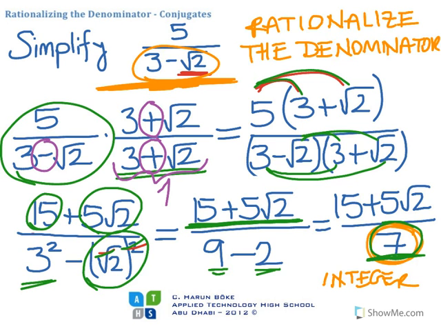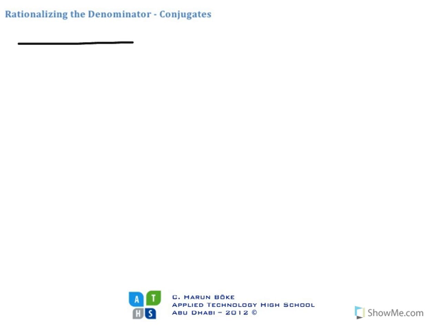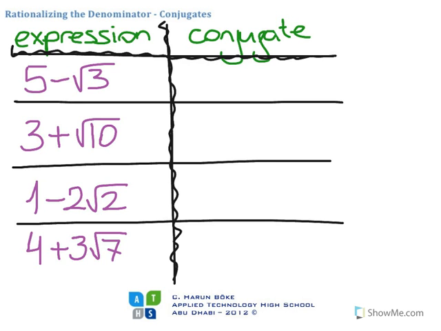Now let's see the conjugate examples. Now let's have a table of conjugates of the square root expressions. So let's start with the following. Now let's write the conjugates of these square root expressions. What I have to do is I don't change anything but just the sign in between. So the conjugate of 5 minus root 3 is nothing but 5 plus root 3.